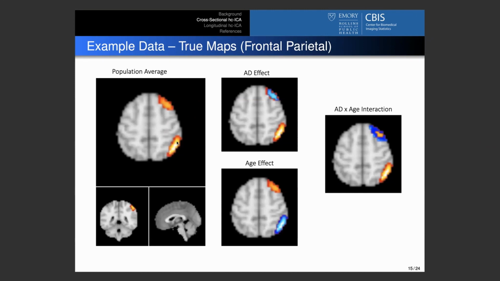This is going to be our population level map. And then we've placed an Alzheimer's disease effect in this frontal region and an age effect in this rear region. And then we've got the Alzheimer's disease by age interaction, and that's going to take place in this frontal region, but more away from the center. For all three of these images, the blue is going to correspond to places where there is an active covariate effect.